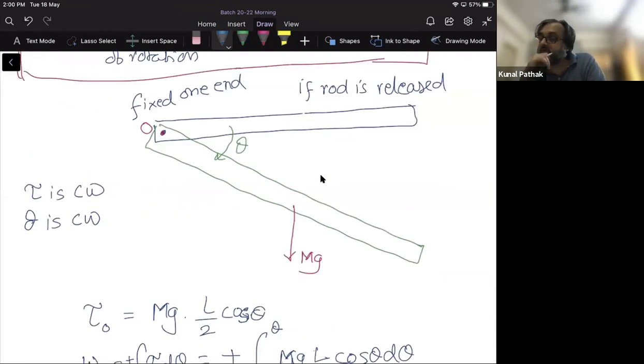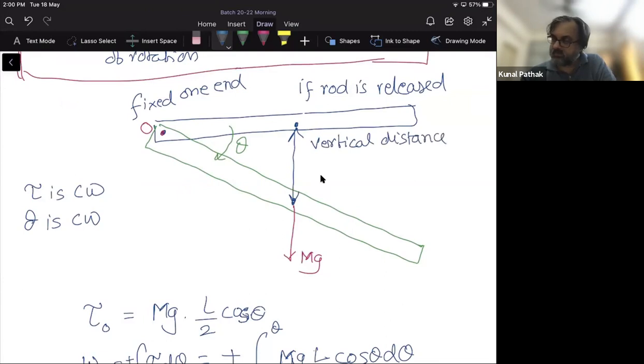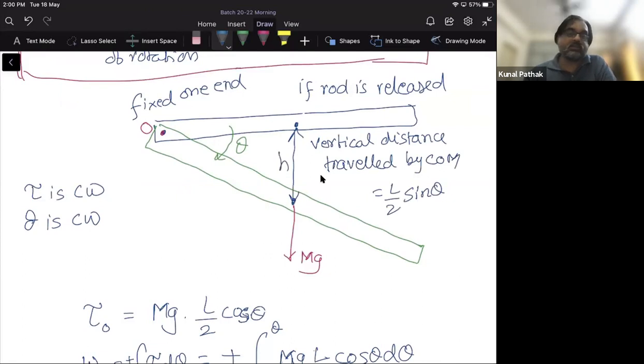Well, L by 2 sine theta in the diagram is the vertical distance traveled by the center of mass. So the vertical distance traveled by the center of mass is equal to L by 2 sine theta. Let's say that this is equal to h.